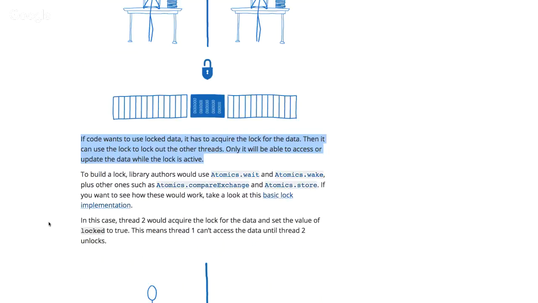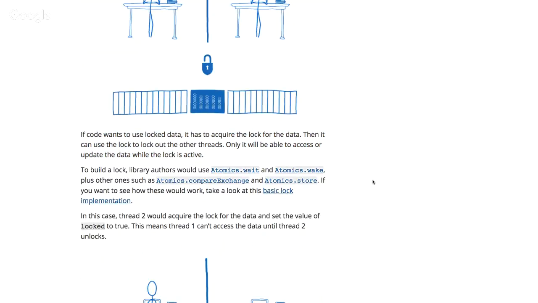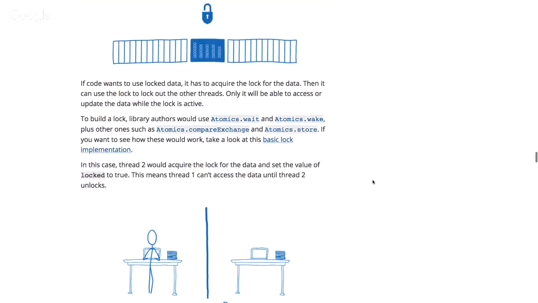So it looks like if your code wants to update the locked data, then you have to acquire a lock for the data that will lock out other threads from using it, and then you make updates to the data that you locked.